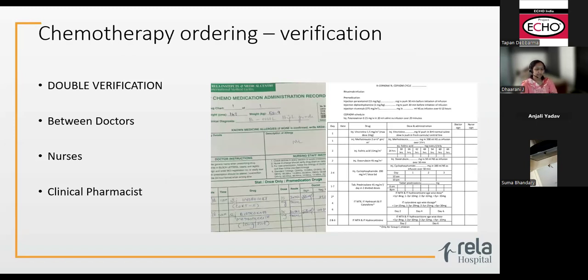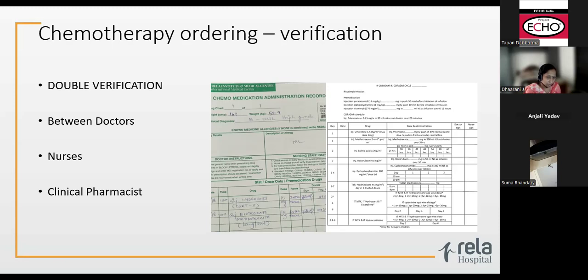Again, the double verification. In our unit, we follow this policy very strictly. We write the chemotherapy drug in the chemo chart, and whatever protocol we are using, we will post it. We have a WhatsApp group. This is one good use of the WhatsApp group that we use in our unit, as guided by our mentor.